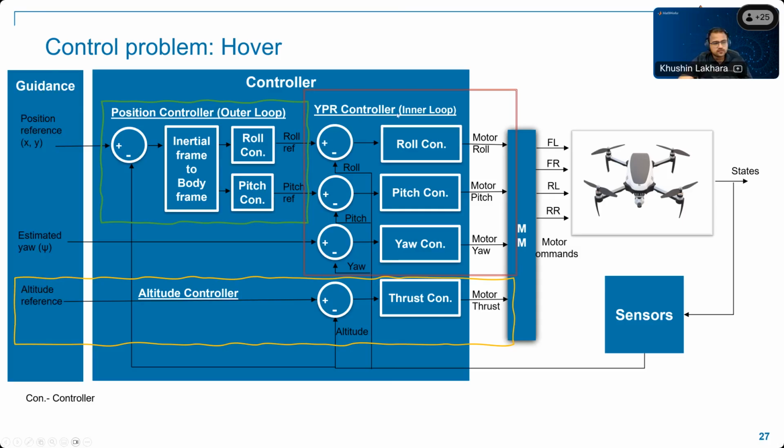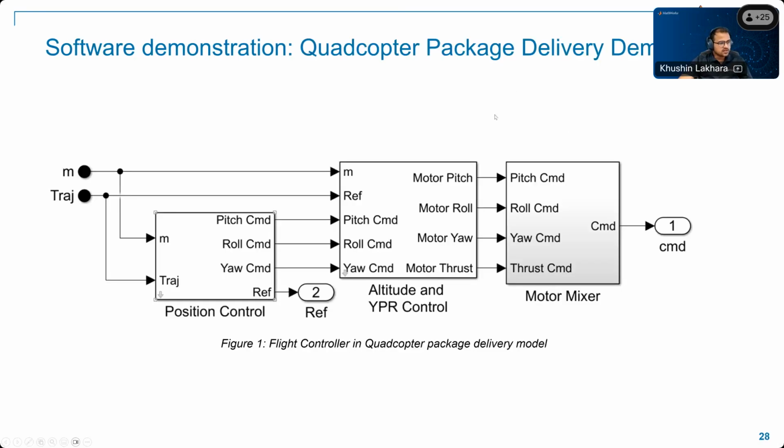But let's move forward and see the package delivery demo that we previously discussed in our previous webinar. Let's go into the Simulink model and see how the flight controller architecture that we just discussed in the slides is actually working.